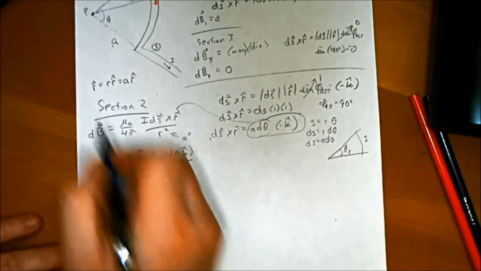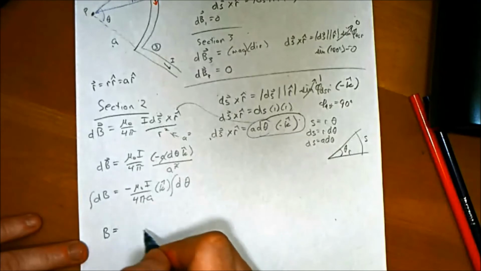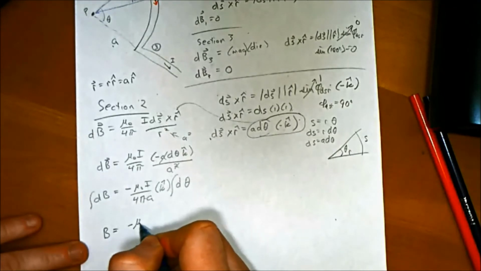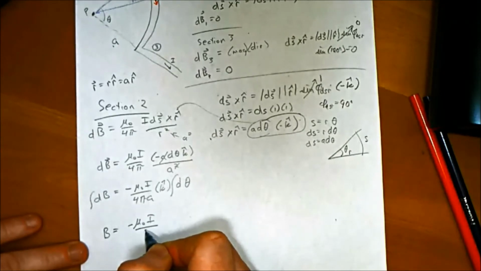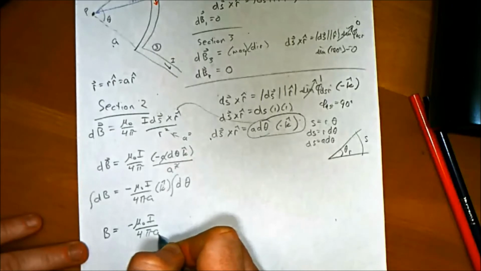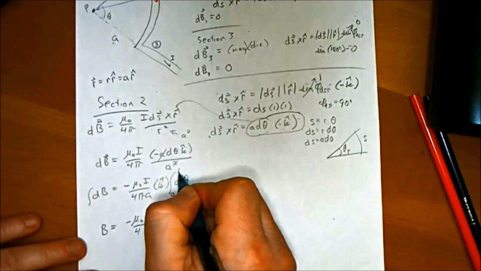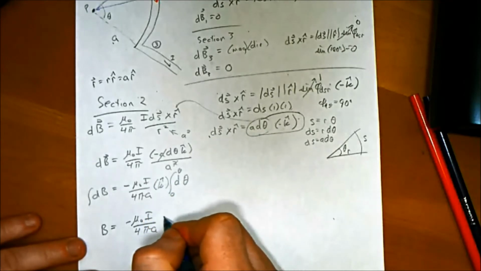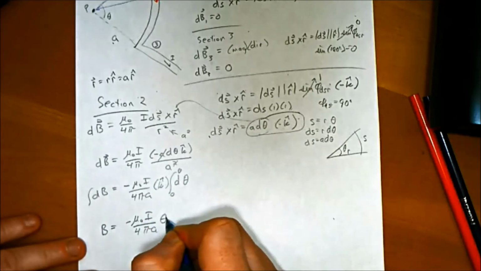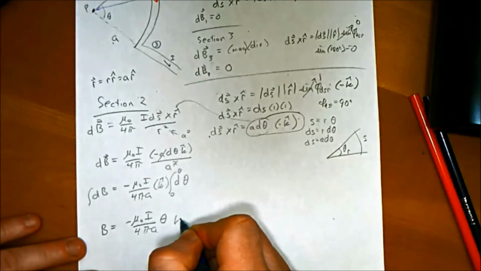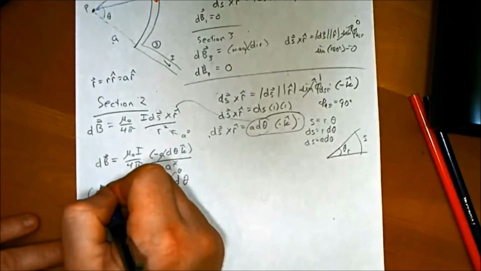So the total field at point P is equal to negative mu naught I over 4 pi a times the integral of this. And if I evaluate it from 0 to theta, this becomes theta k hat. And that is a vector.